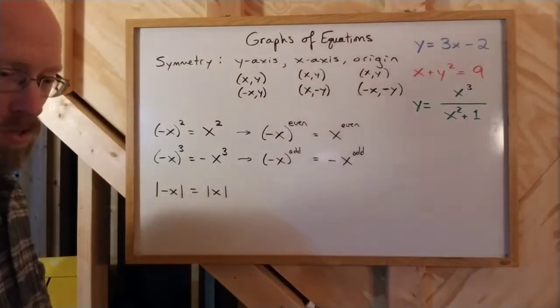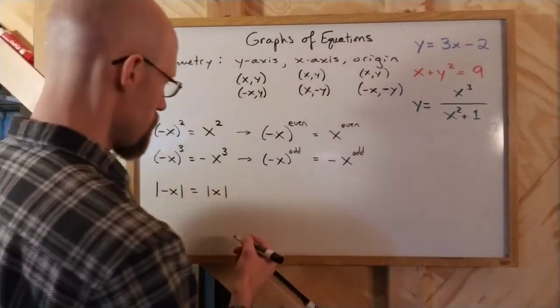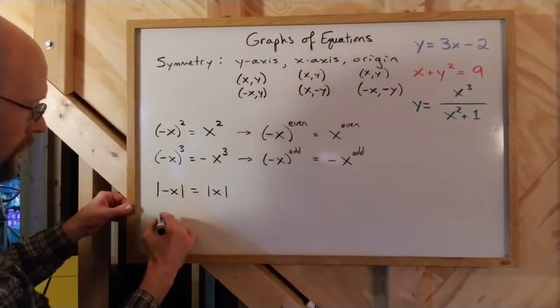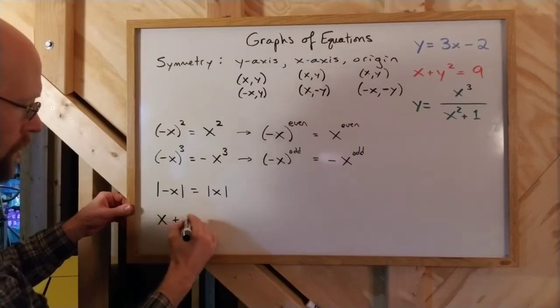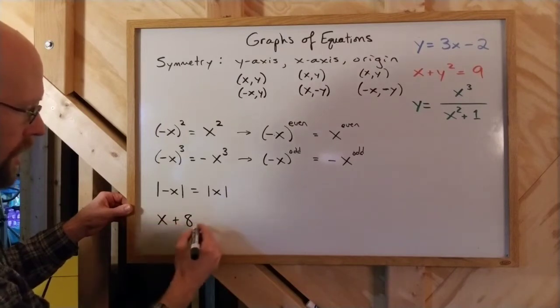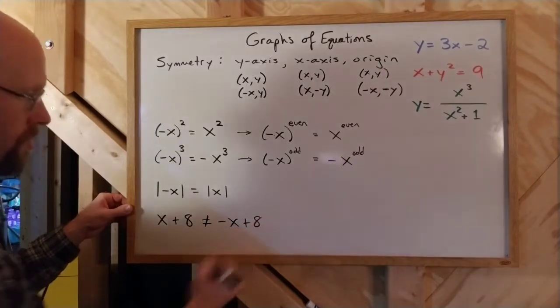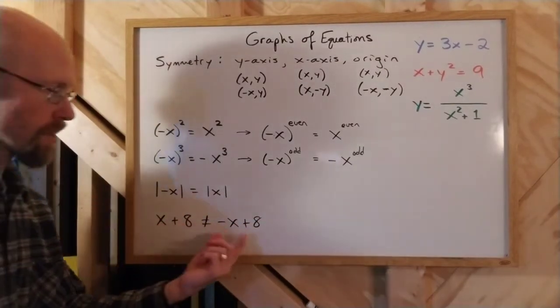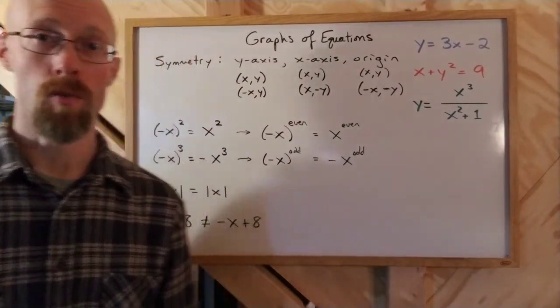What other things might you see? If you had a sum or a difference, something like x plus 8, and you wanted to replace x with negative x, it's not equal to negative x plus 8. These things are different. If you're adding one with a positive, one with a negative, the result will be different.